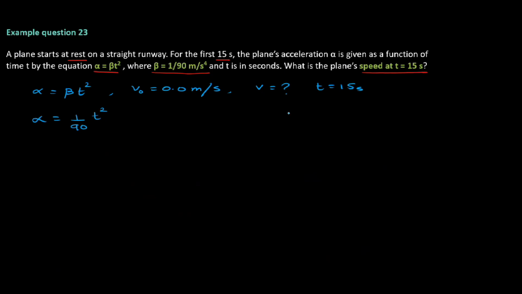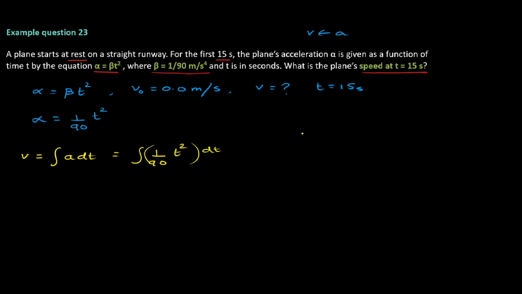Again, we have to integrate the acceleration, because if I'm finding velocity from acceleration, I have to integrate the acceleration function with respect to time t. So we write velocity v equals integral a dt, which is the integral of 1 over 90 t squared dt.